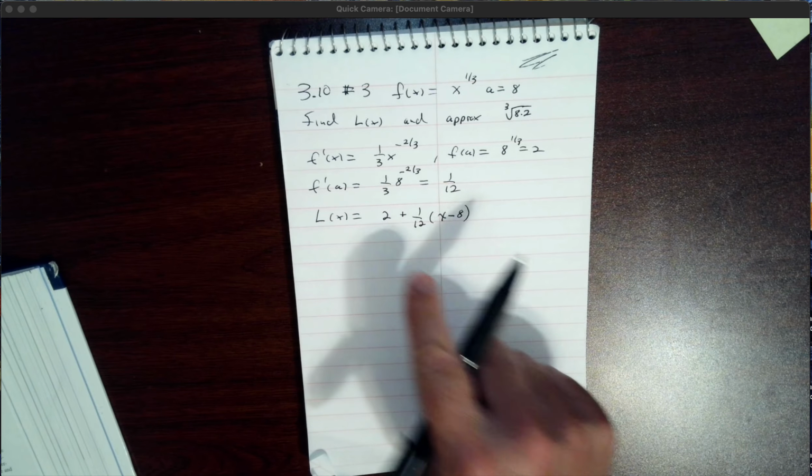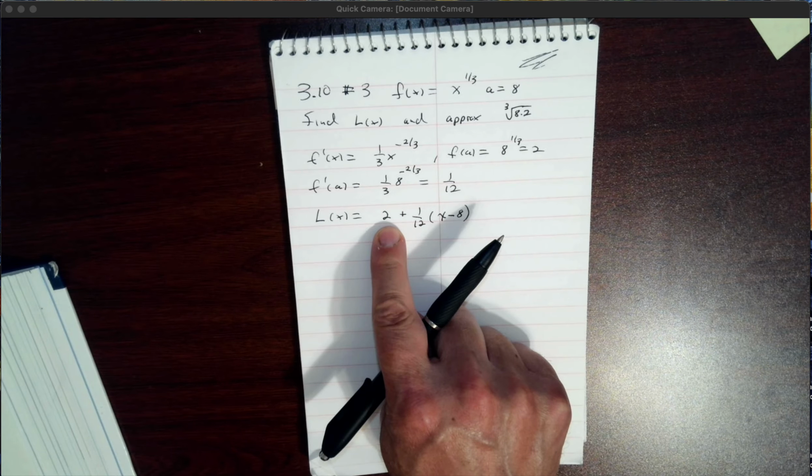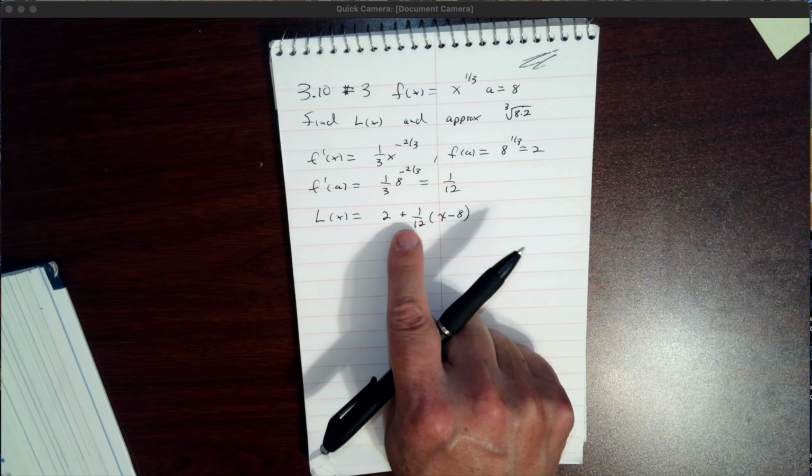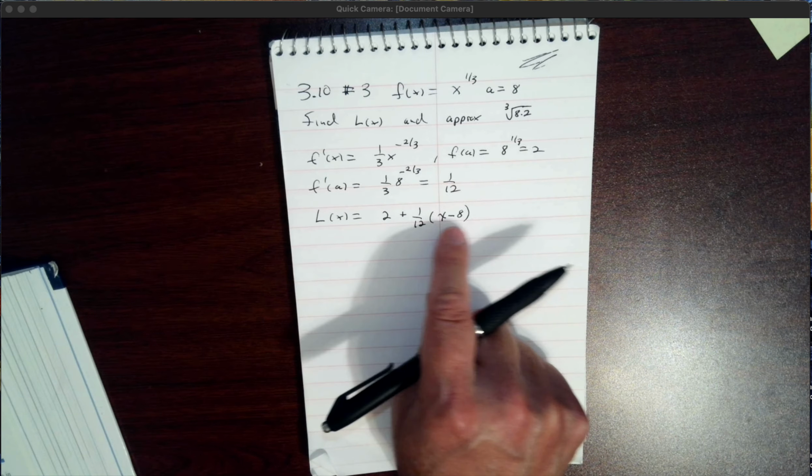All right, so we got the formula, f of a plus f prime of a times x minus a.